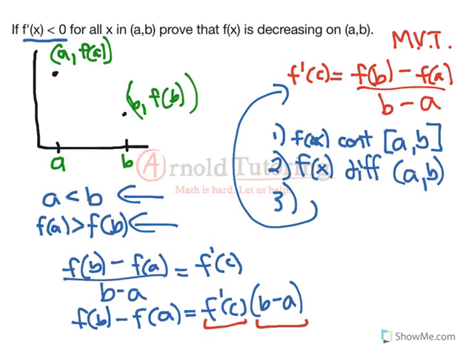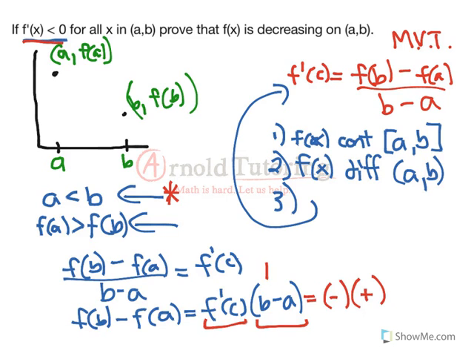Well, remember the two things we've already assumed. We've assumed this, and we've been told that f prime of x is negative, right? We've been told that it's less than 0. So we can think of this as f prime of c is a negative. We don't know what the number is, but we know it's negative because we've been told. And b minus a, if b is greater than a, we know that this is positive.